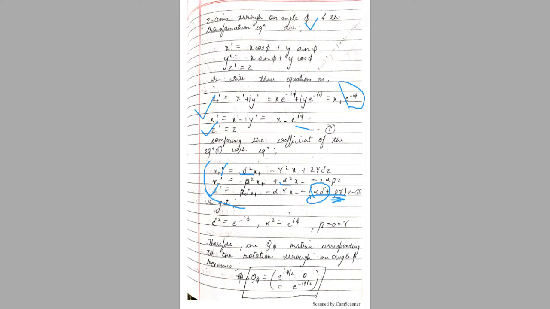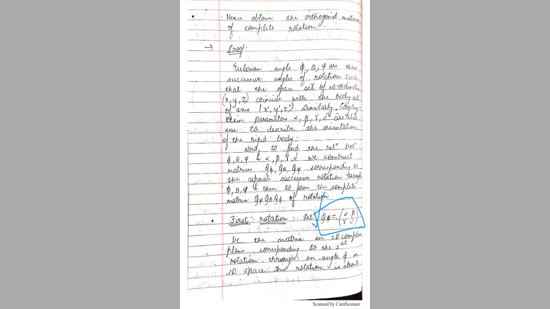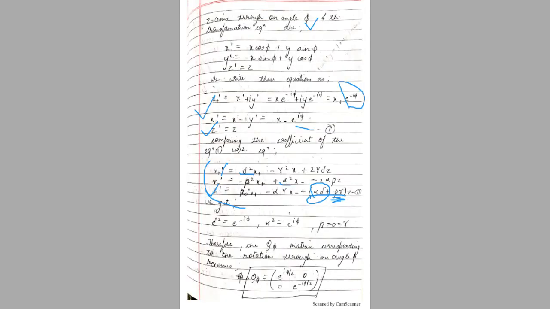So I will put these values in this equation. As I have told you, the value of alpha, if I take its root, would be e to the power i phi by 2, and the value of delta would be e to the power minus i phi by 2, and beta is 0 and gamma is also 0.